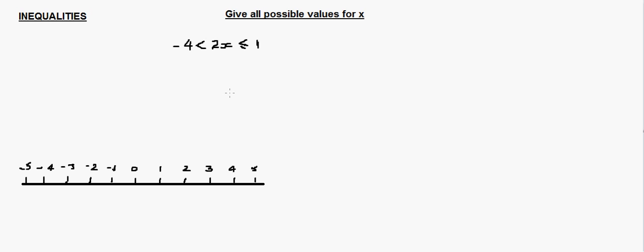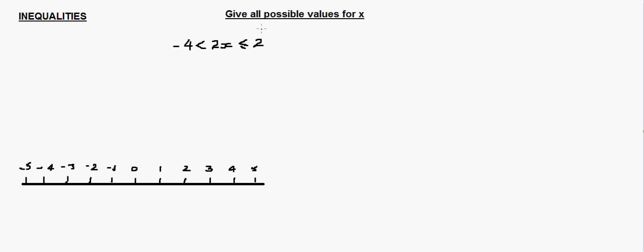Okay, so 2x is greater than -4, but 2x is less than -1. Well, actually I'll change that. Just for ease, we'll make this 2.